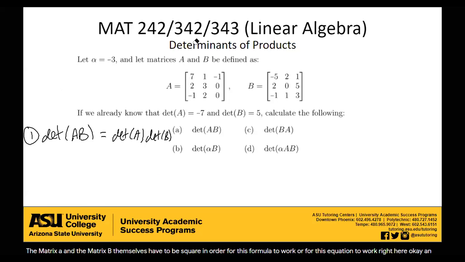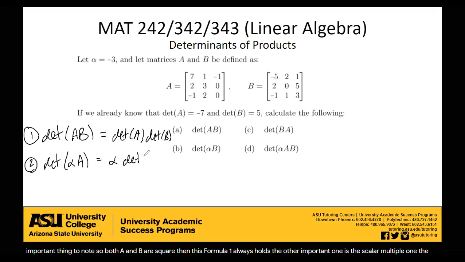The other important one is the scalar multiple one, the determinant of alpha times A, where alpha is some scalar. So what does this do? Well, it's not quite as easy as just taking the alpha out front.